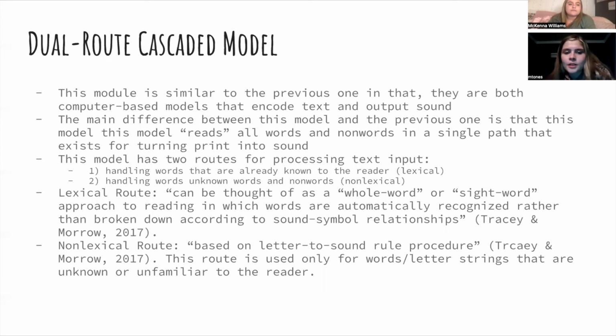One, handling words that are already known to the reader, lexical, and two, handling unknown words and known non-words, non-lexical. The lexical route can be thought of as a whole word or sight word approach to reading in which words are automatically recognized rather than broken down according to sound-symbol relationships. The non-lexical route is based on a letter-to-sound rule procedure. This route is used only for word or letter strings that are unknown or unfamiliar to the reader.